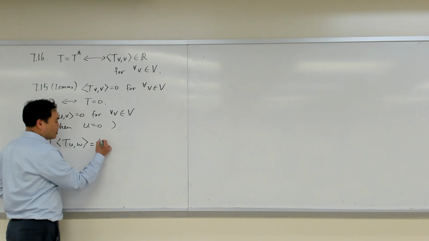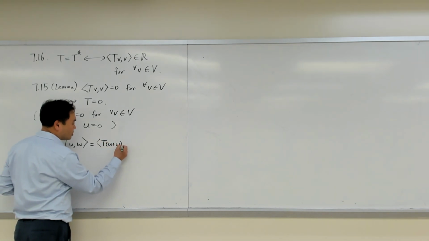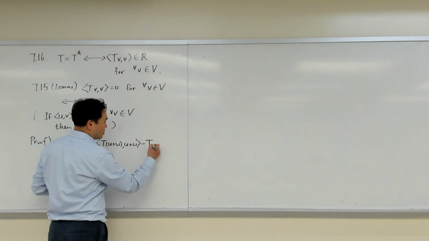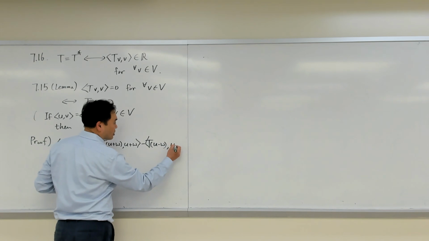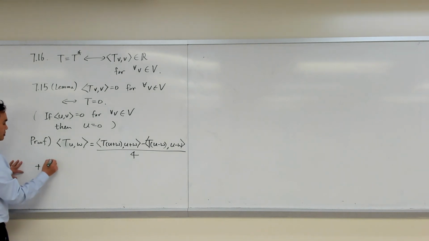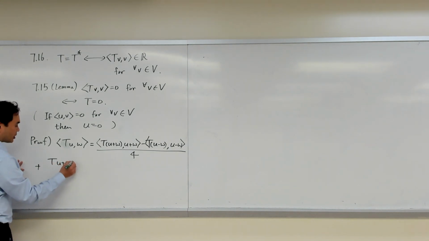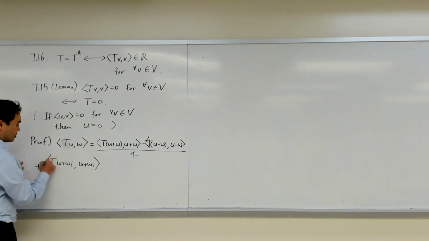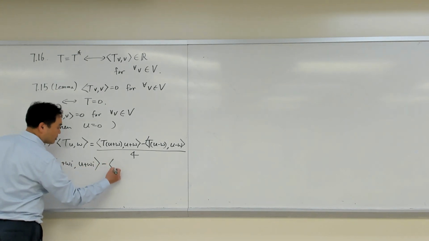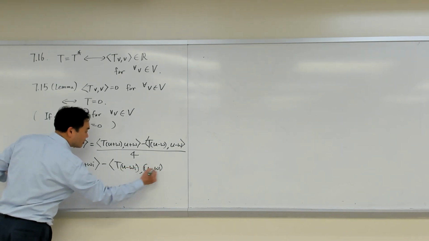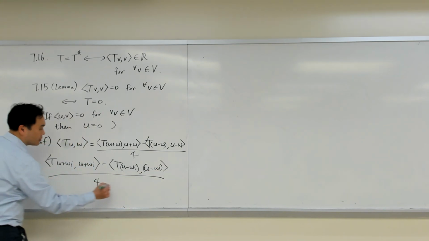So it looks like <T(u+w), u+w> minus <T(u-w), u-w> over 4, plus <T(u+wi), u+wi> minus <T(u-wi), u-wi> over 4 i.